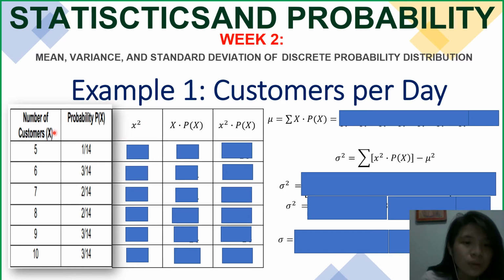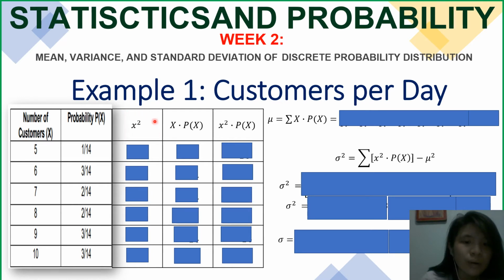Okay. So, customers per day tayo. The number of customers represented as x are as follows, which is 5, 6, 7, 8, 9, and 10. Its probability naman is 1 over 14, 3 over 14, 2 over 14, 2 over 14, 3 over 14, and 3 over 14. So, first, let us get x squared.